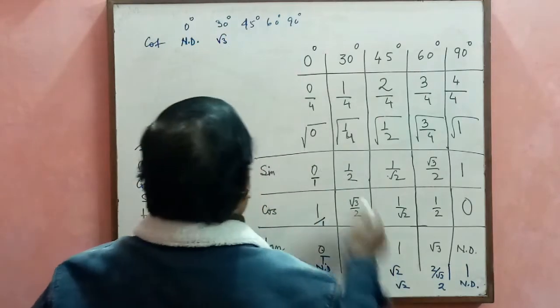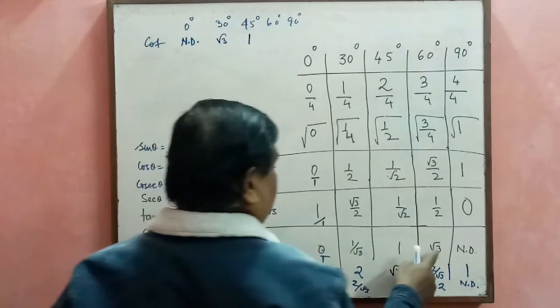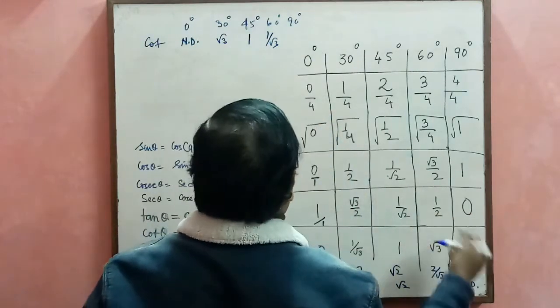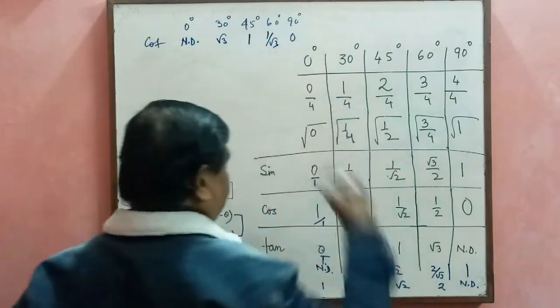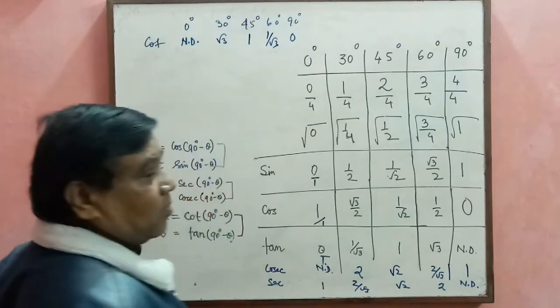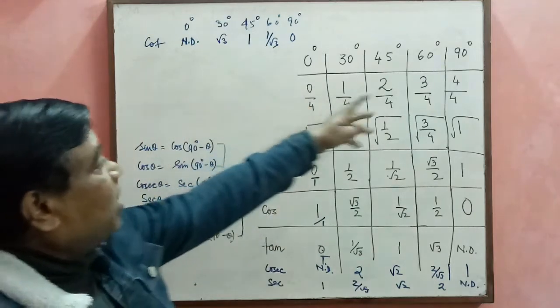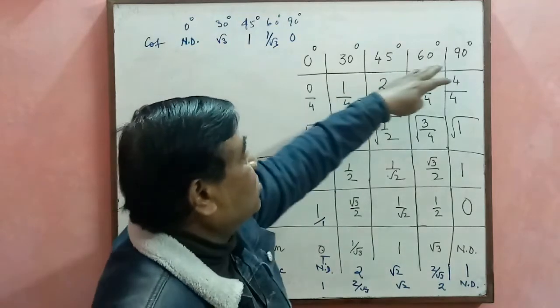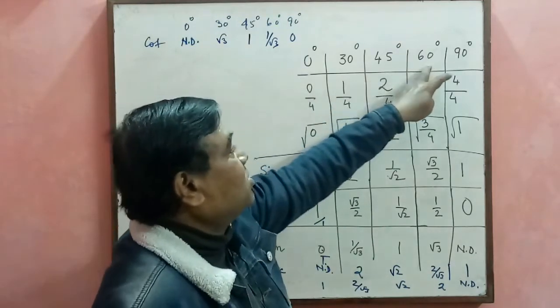And this is 1 upon 1, this is 1. This is 1 upon root 3. And this is also not defined. 1 upon not defined means 0. So here we have these values from 0 to 90 degree in trigonometry. We know all the values of 0, 30 degree, 45 degree, 60 degree, and 90 degree.